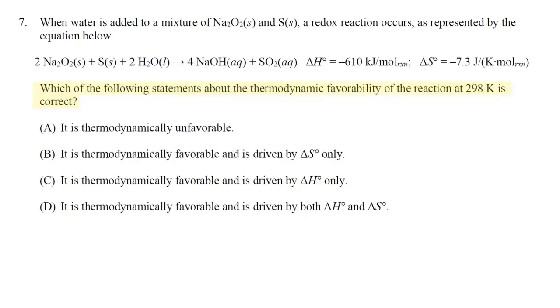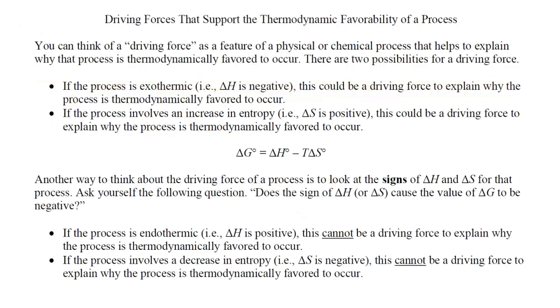So on the next slide, I'm going to present what I had presented in my video for topic 9.3. So this is driving forces that support the thermodynamic favorability of a process. Now, you can think of a driving force as a feature of a physical or chemical process that helps to explain why that process is thermodynamically favored to occur. And there are two possibilities for a driving force.